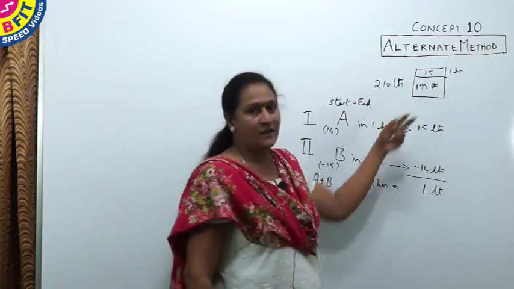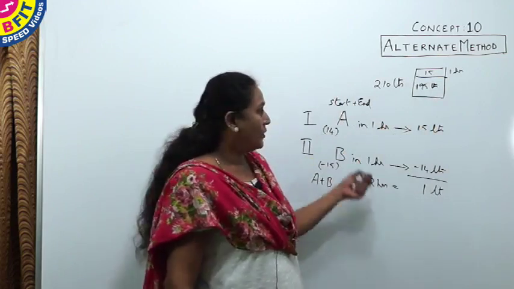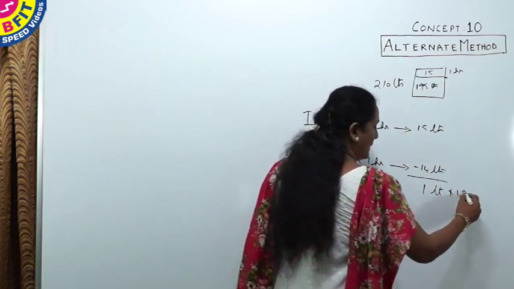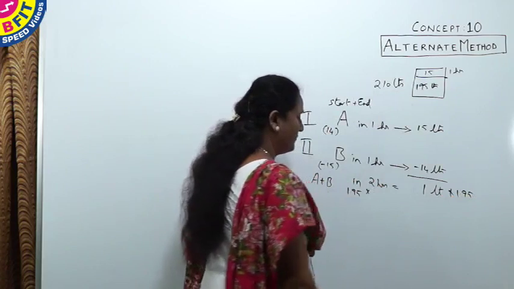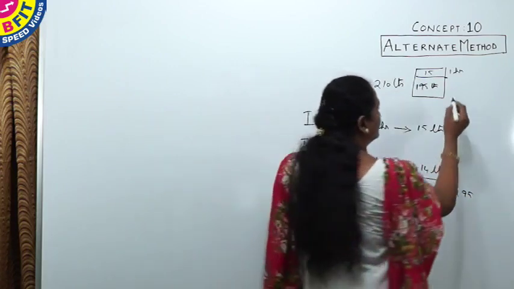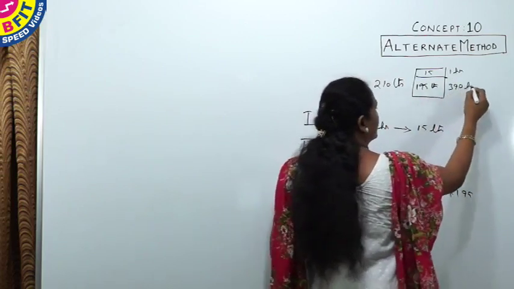And for this we have to work out this proportion. In 2 hours 1 liter, in how many hours 195 liters? So that is into 195. Here also into 195. When you multiply this with 2, 195 into 2 is 390 hours.